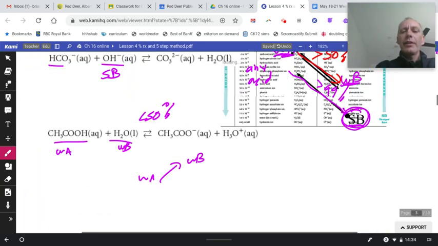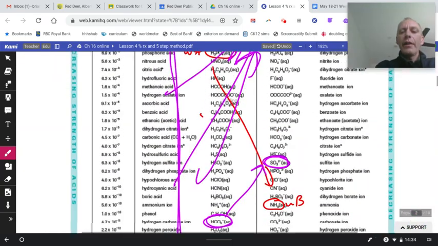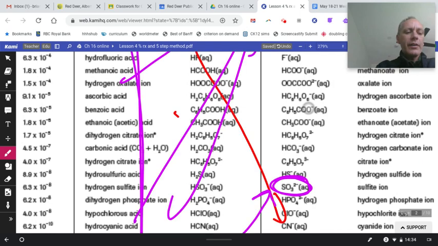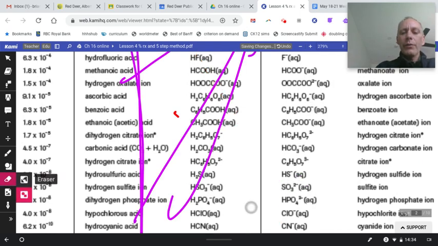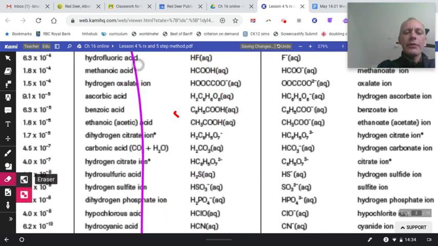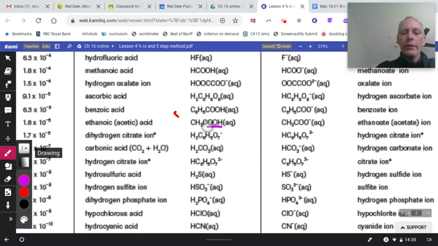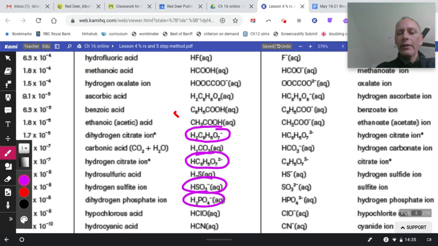You will discover that in this table, there are lots of ions. What a mess. Ugh. So I'll just show you some examples. So here's an ion that came from an ionic compound. Here's an ion. Here's an ion. Here's an ion. Ion, ion, ion.